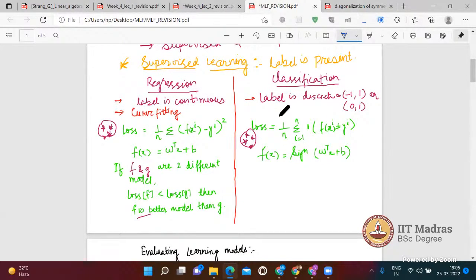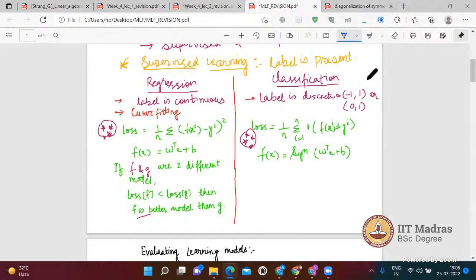Regression applies to those supervised data sets where the labels are generally continuous. For example, we talked about the price predictor of the phone or the price predictor of the car. Where the label is a continuous value, continuous means any value can come here, though there should be some sort of range.